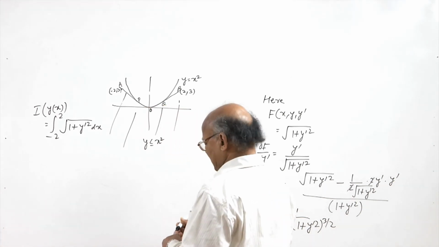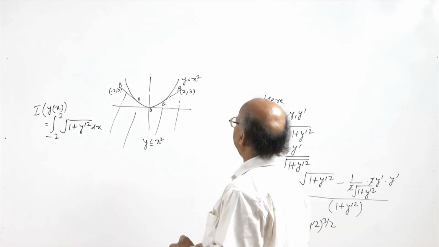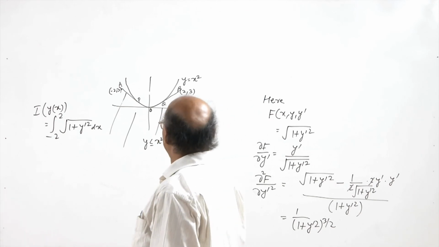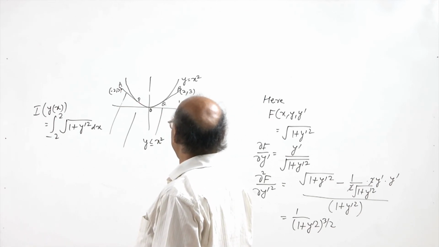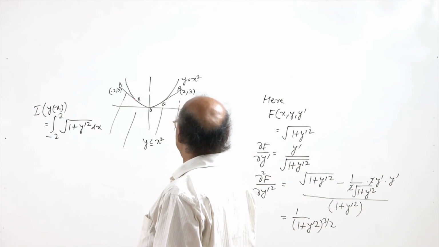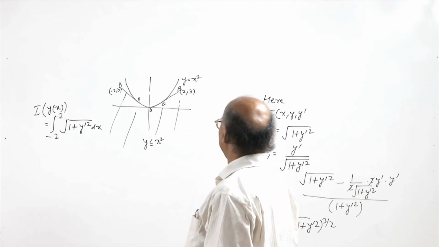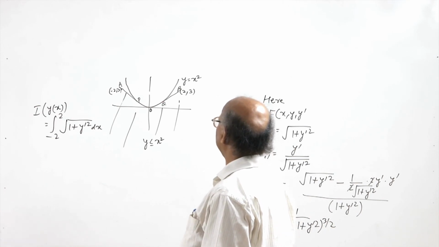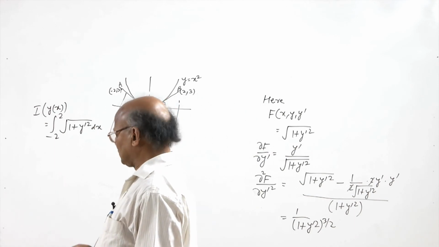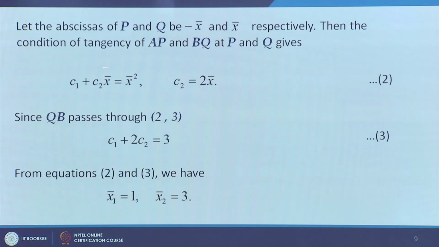So AP and QB will be tangent to the parabola, and so this is the extremal: the straight line AP, which is tangent to the curve y equal to x square, then the arc of the curve POQ, and then the straight line QB which is tangent to the parabola at the point Q.